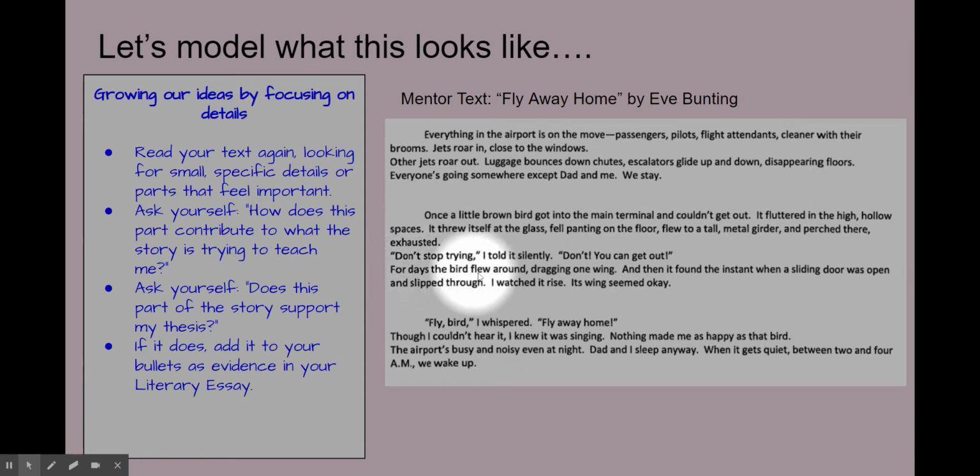For days, the bird flew around, dragging one wing, and then it found the instant when a sliding door was open and slipped through. I watched it rise. Its wings seemed okay. "Fly, bird," I whispered. "Fly away home." Though I couldn't hear it, I knew it was singing. Nothing made me as happy as that bird.